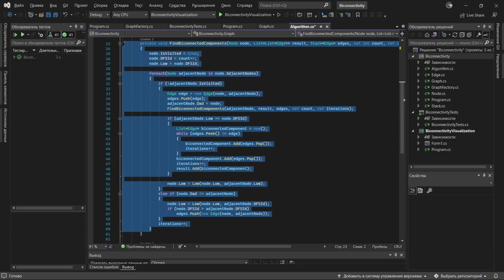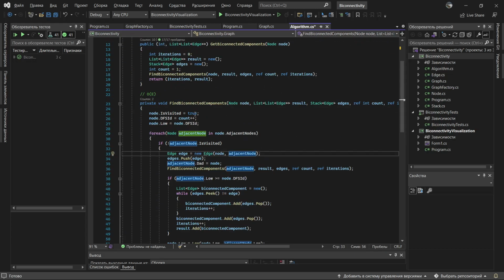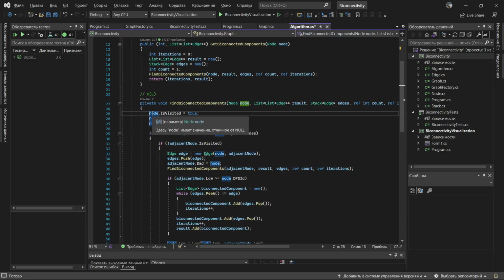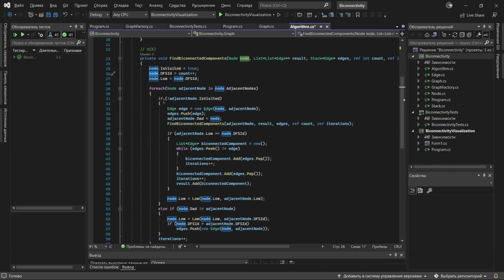So, here's the algorithm. It starts by marking the current vertex as visited. Then we set the DFS ID, numbering this vertex, and we define a low function value, which at first is similar to the DFS ID.